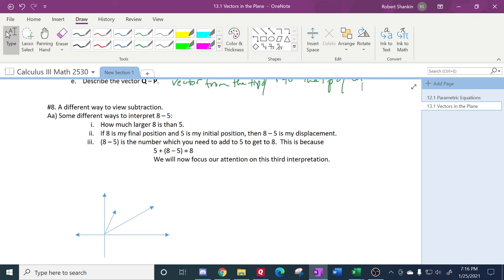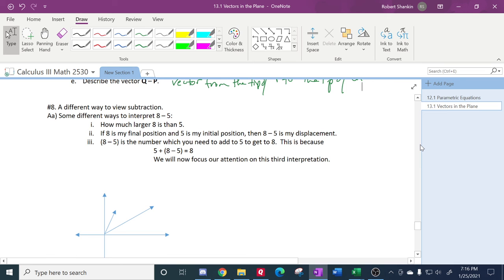Number 3, 8 minus 5 is a number you need to add to 5 to get to 8. So 5 plus 8 minus 5 gets you to 8. Now, we'll focus on this third interpretation.